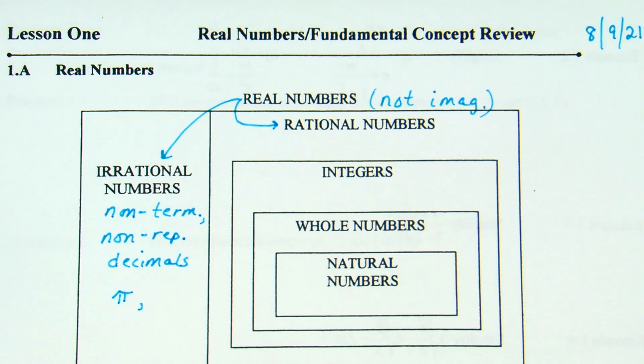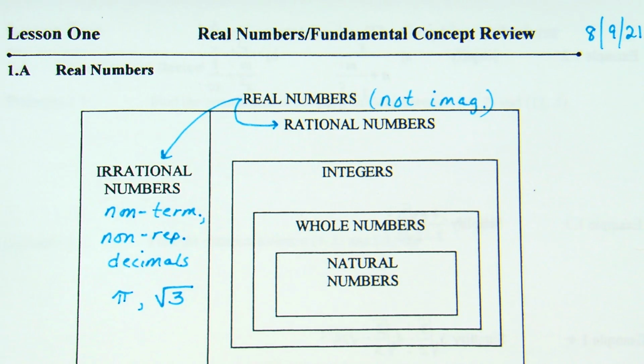That's a random one I picked. Not all square roots fall there, right? Because square roots that are perfect squares are going to go over to the rational side. Okay, so irrational numbers: non-ending, non-repeating decimals. My non-math definition is big, long, messy decimals. That's the non-math part of me.